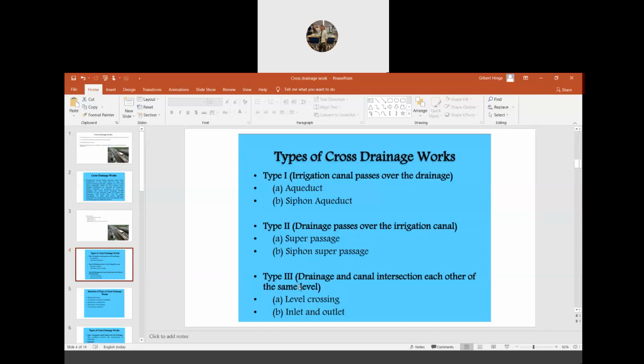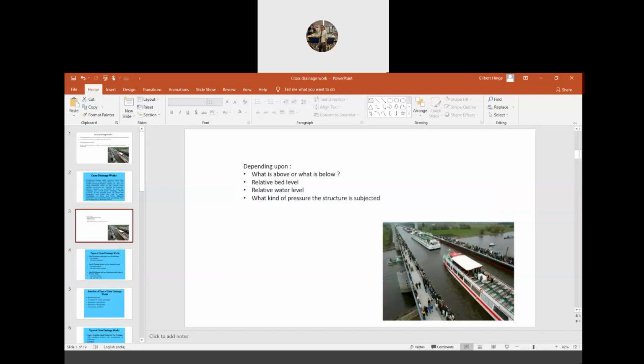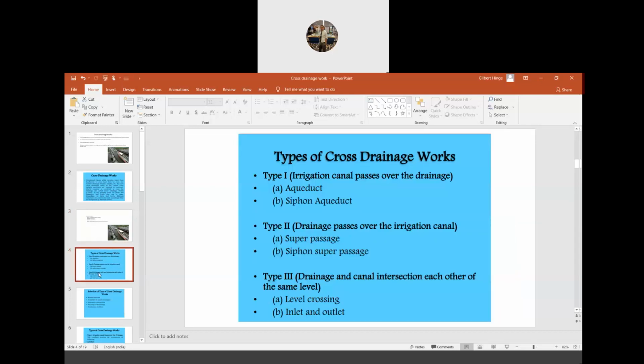That means the canal is on top of the drainage, like you see here. Drainage basically means the river or the stream. That kind of structure falls into type 1. Under type 1, we have aqueduct and siphon aqueduct.